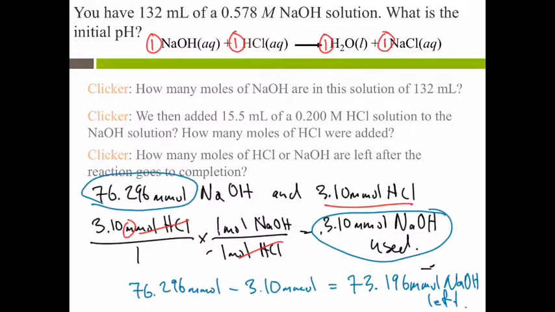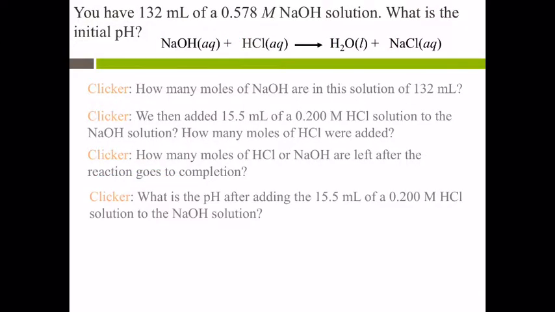In order to find that, we have to use the number of moles and the volume in order to find the pH. So let's write out molarity equals moles of solute over liters of solution. Well, we know that the one that we have excess of, the only one that's left over, is NaOH, since we used up all the HCl.